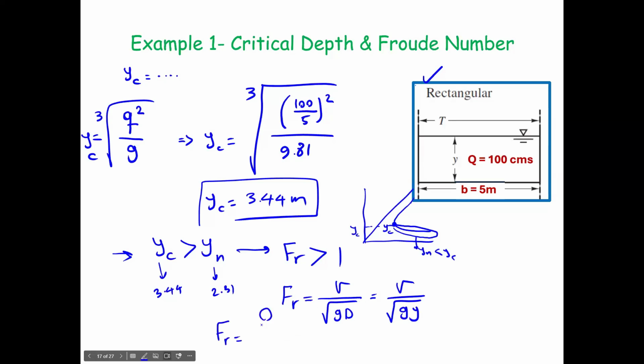For V, you can write Q over A, and for this one, G, Y again. Q was 100, BY was 5 multiplied by 2.31, divided by the square root of G multiplied by 2.31. Find this one for me. I don't know what to answer if it's more than 1. I hope that it's less than 1, sorry, because it should be more than 1.